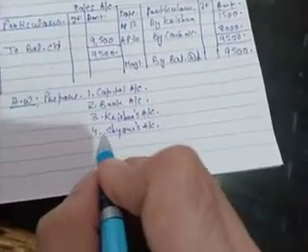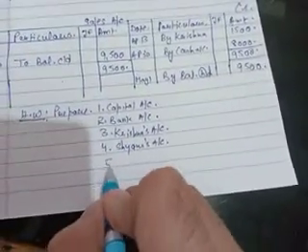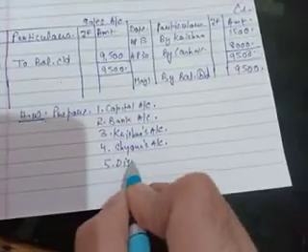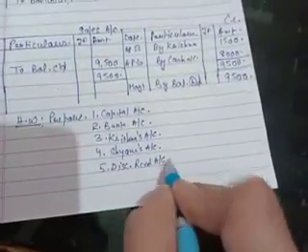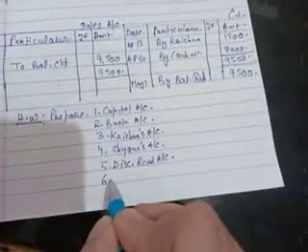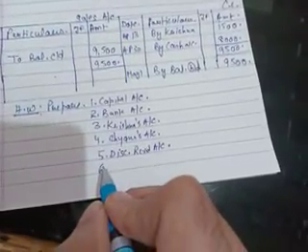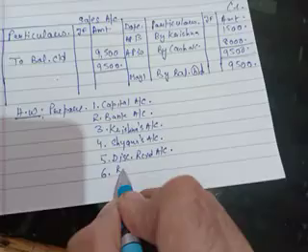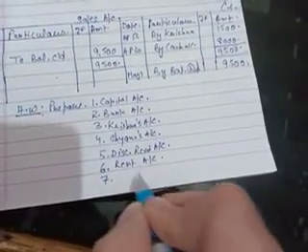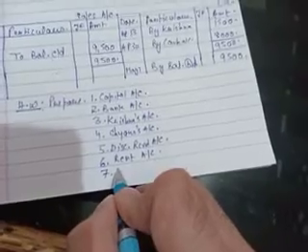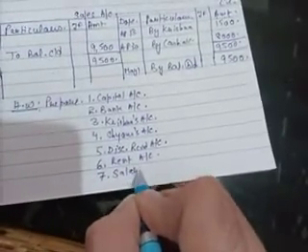Number 5, discount received account. Number 6, you have to prepare rent account. Number 7, you have to prepare salary account.